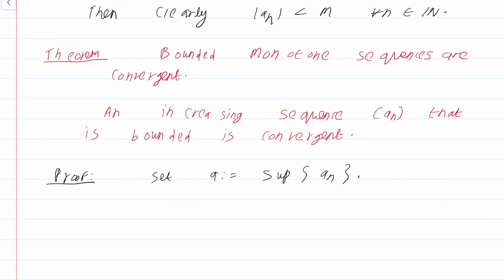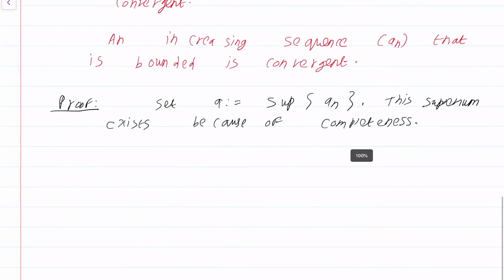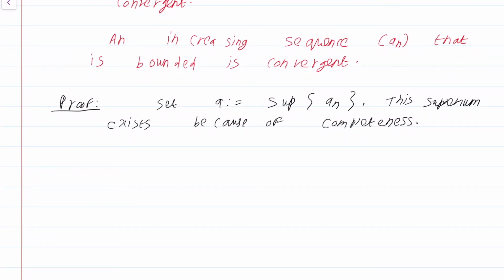We are putting all the a_n's as a set, and we are taking the supremum, and this supremum exists because of completeness. Our candidate for the limit is obviously going to be the supremum. It is the least element such that no element in the sequence a_n exceeds it. So it's a very nice candidate for the choice of limit.